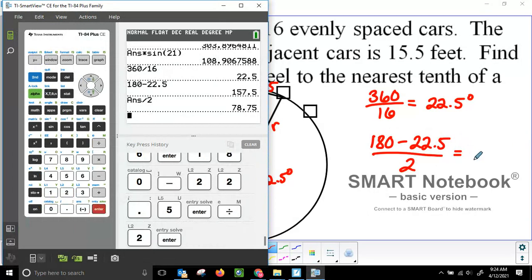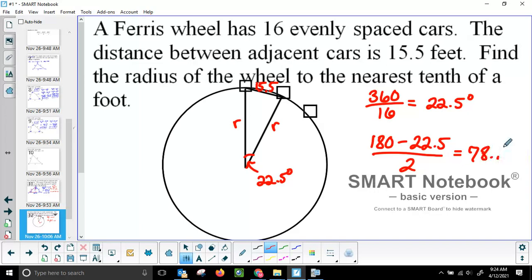So both of these base angles are 78.75 degrees. Now I have an angle with its opposite side, and another angle with the side I'm looking for, the radius.